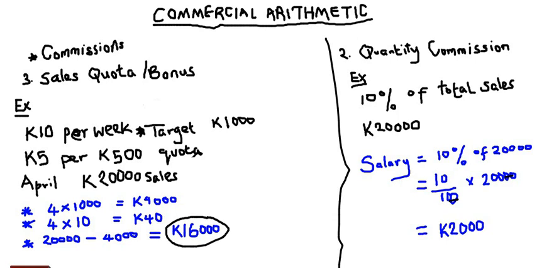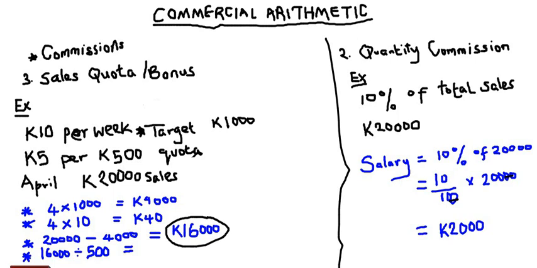So what we need to do now is to get how many 500 kwachas we have in 16,000. Okay, so we can say 16,000 divided by 500, so that we just know how many bonus units we are getting from this extra sale.